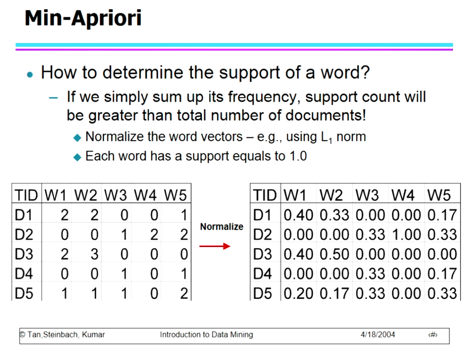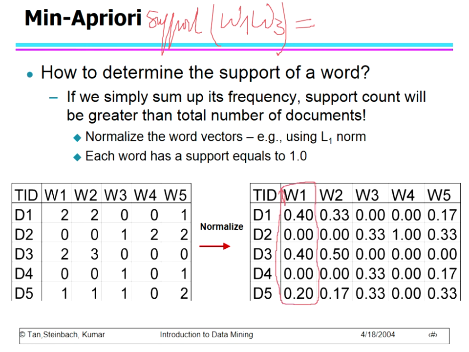For example, we want to calculate the support of W1, W3. We have to use the minimum. For each document, we will select the minimum, and after that we make the sum of these minimums.